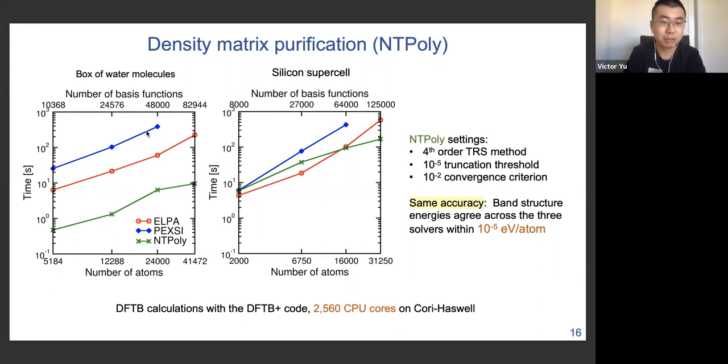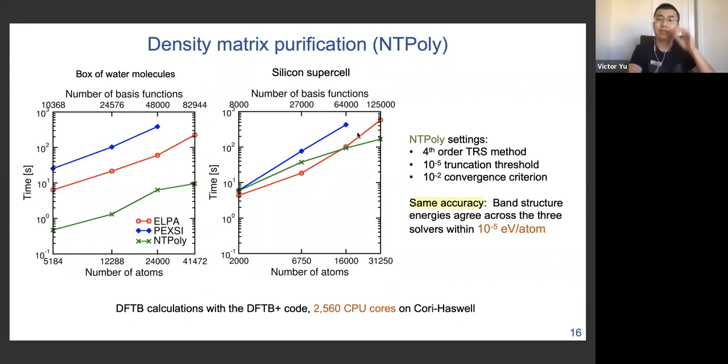In addition to PEXSI and ELPA, we now have NTPoly, and you can see for a box of water molecules with more than 4,100 atoms, NTPoly is much faster than the other two solvers. And for this silicon supercell, we see a crossover point beyond which NTPoly is able to outperform ELPA.